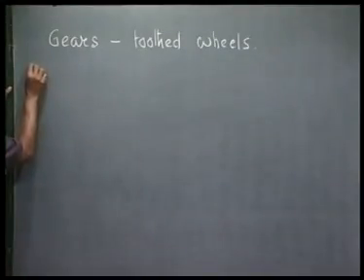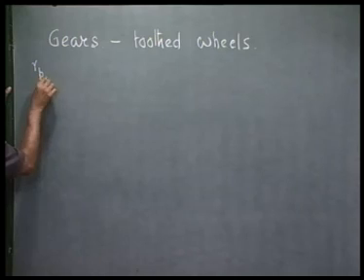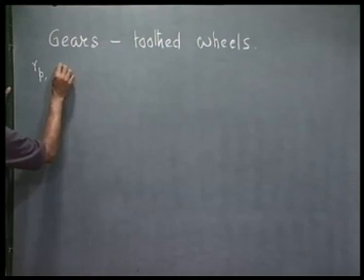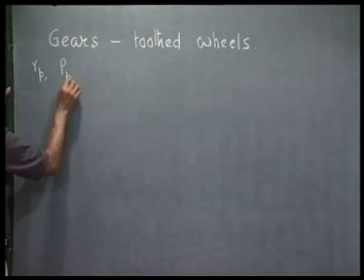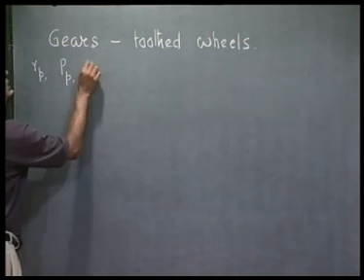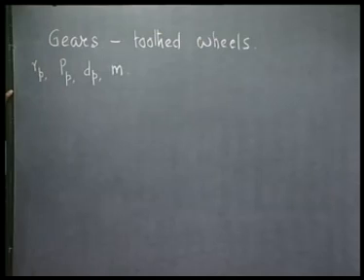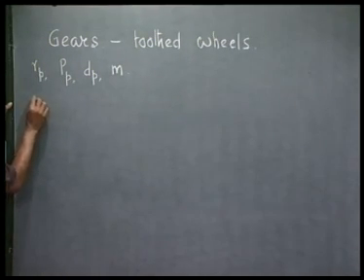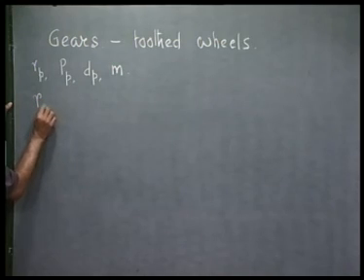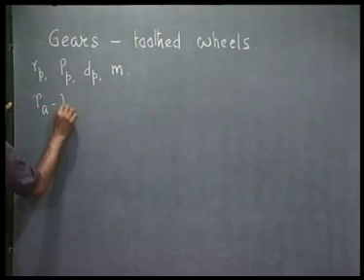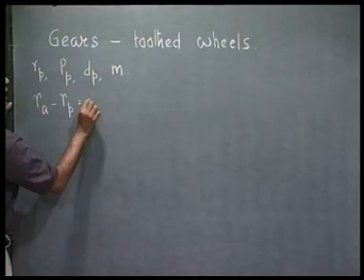We have given so far various definitions which define the tooth geometry of circular gear, like pitch circle radius, then circular pitch, then diametral pitch, then module. We have also defined addendum circle, and the difference between the radius of the addendum circle and the pitch circle is called addendum.